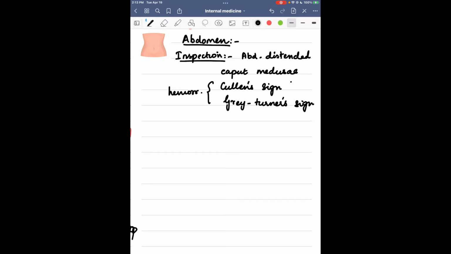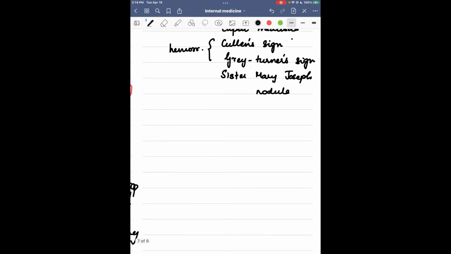And then if there is any underlying malignancy, then there can be a metastatic nodule called Sister Mary Joseph nodule in the umbilicus. And then in the genital region, there can be decreased pubic hair and testicular atrophy. So these are the things that we can see in inspection.